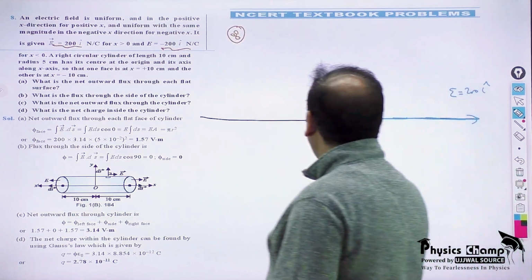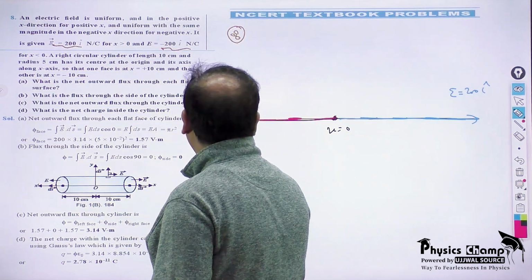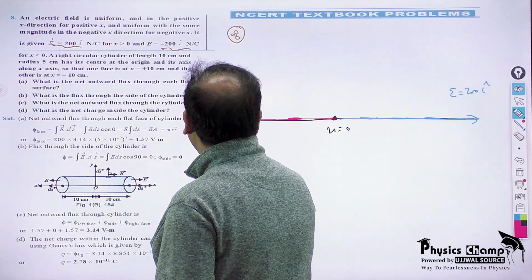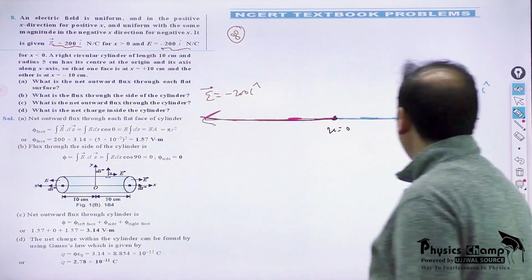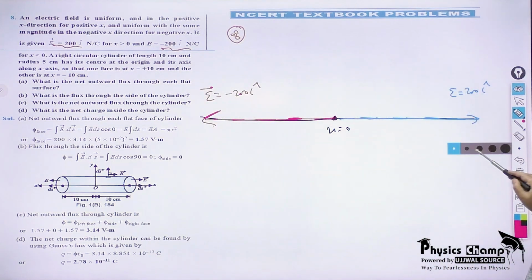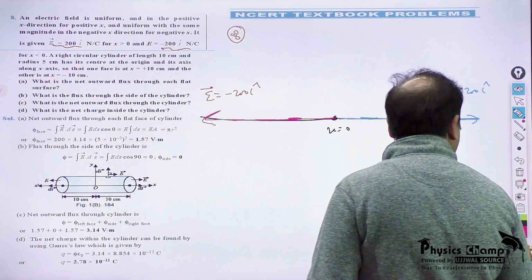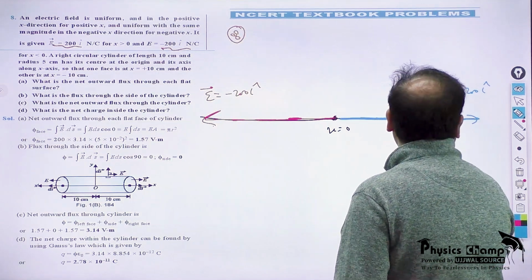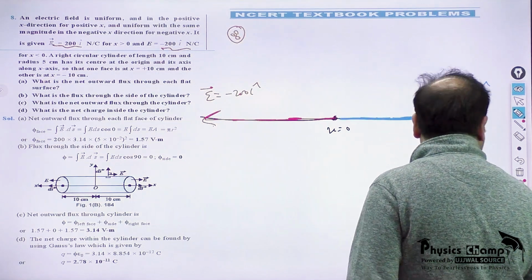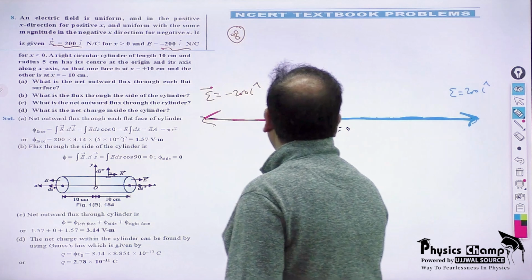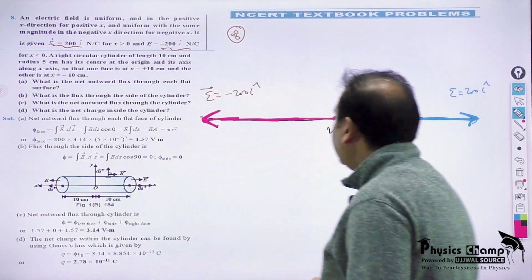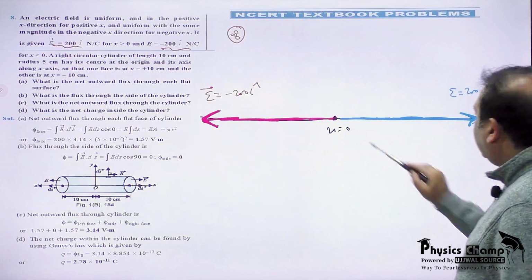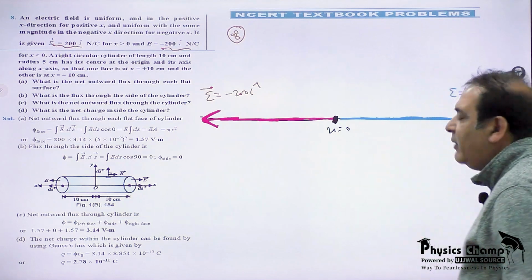And if you go towards left, there is a uniform electric field which has a value minus 200i. At x equal to 0, the value of electric field is 0.